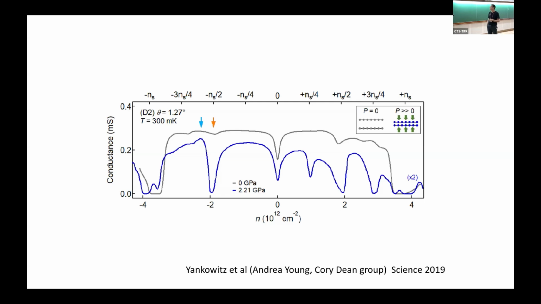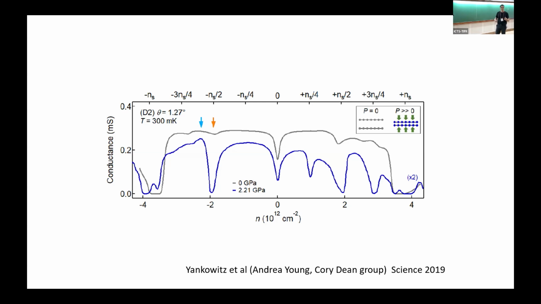And indeed, they see a dip at the charge neutrality point, but it's likely just Dirac points. You would expect a dip in the conductance from Dirac points, and that's the gray curve. Other than that, you're not really seeing much. Okay, this certainly doesn't drop to 0, like it did in the previous experiments.